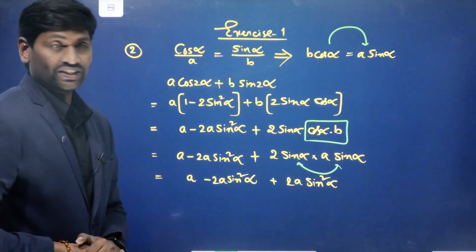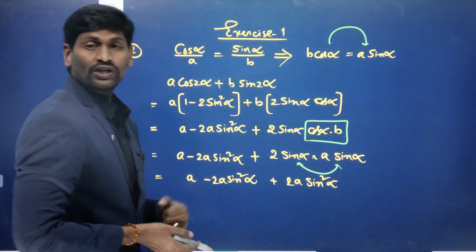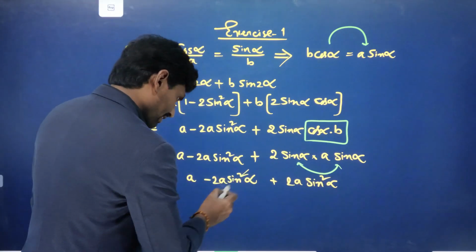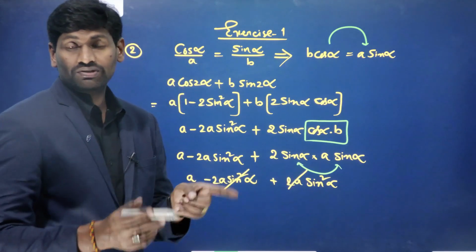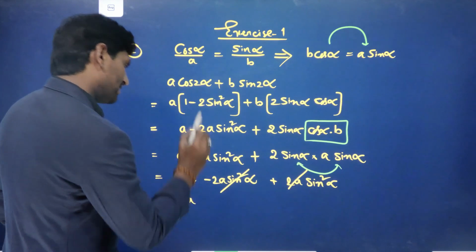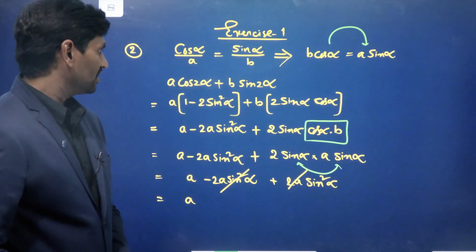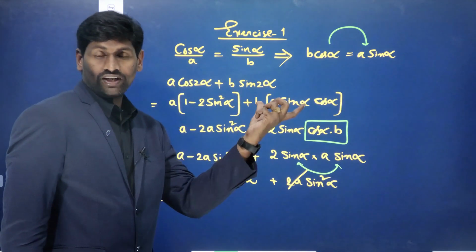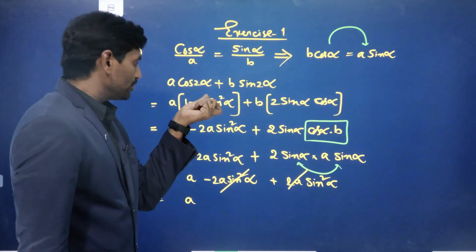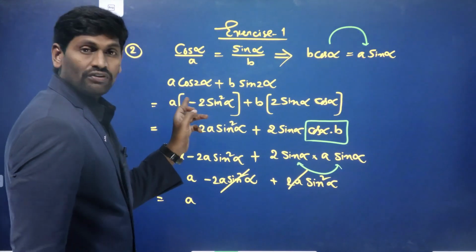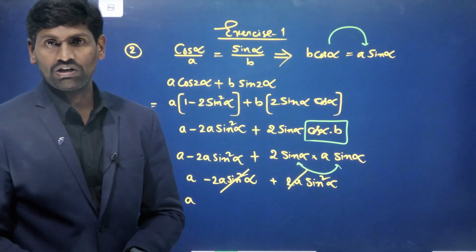Now just observe everything here. Minus 2a sin square alpha plus 2a sin square alpha, both are cancelled because they are the same terms with opposite sign. What is remaining? Only a is remaining. Completed. So for the first term, cos 2 alpha, I used the formula based on sin terms: cos 2 alpha equals 1 minus 2 sin square alpha.